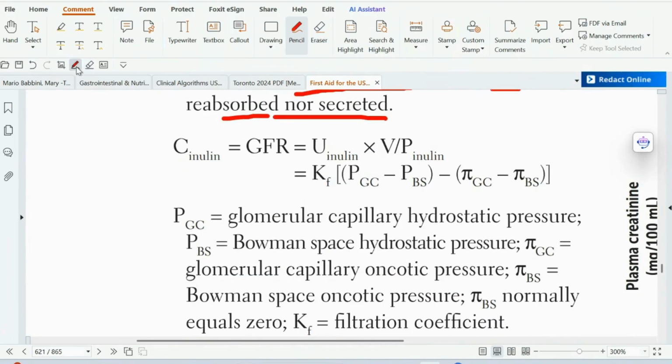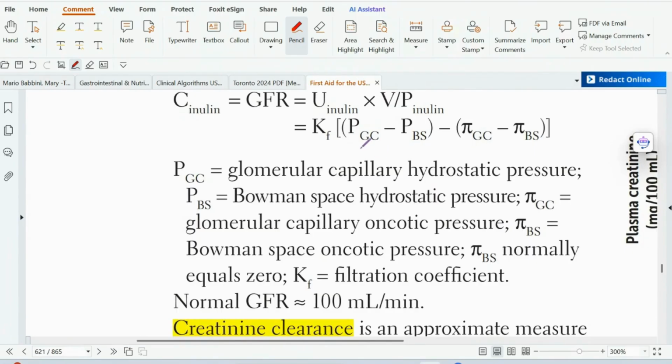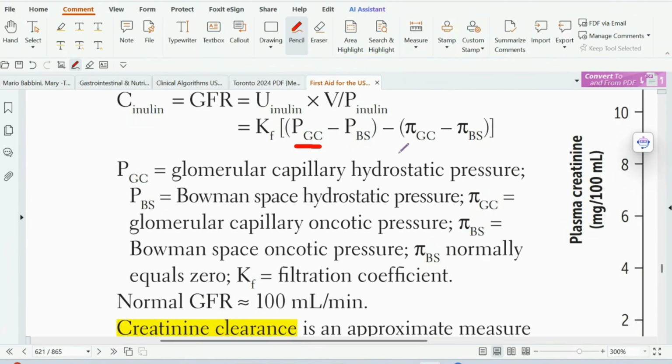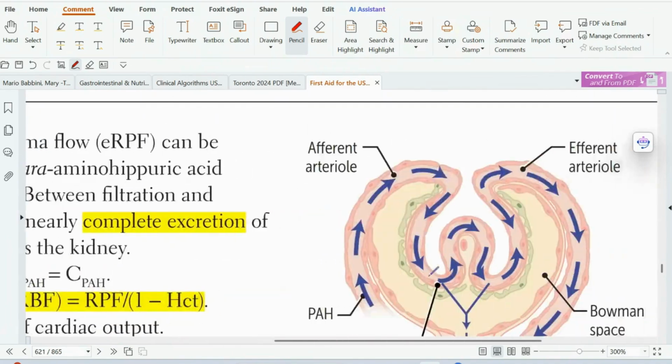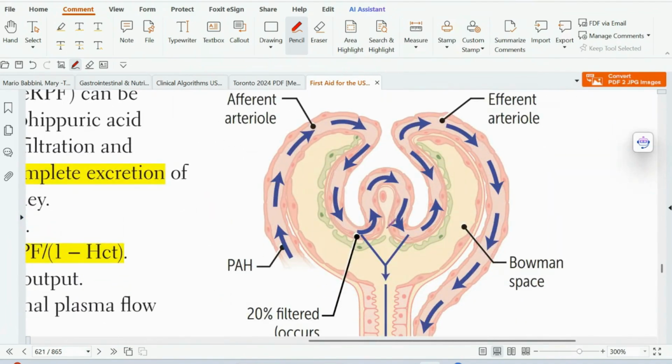All it's doing is it's only going to do subtraction. Basically, what we have to find is the gradient of pressure, right? So we're going to subtract the gradient of the static pressure and the gradient of oncotic pressure, because that's how I will know how much fluid, or how much force, is being experienced by the fluid. That's it, right? So what you do is, you see, Bowman space. Now we're just going to account for static, right?